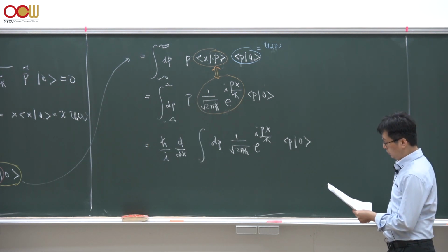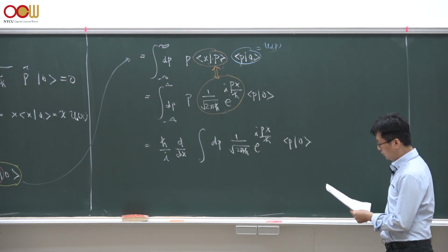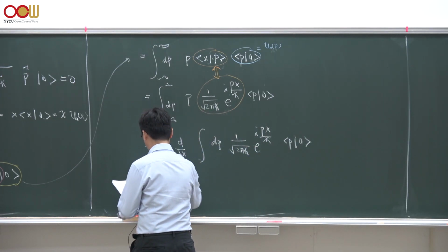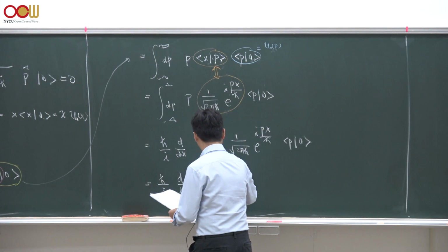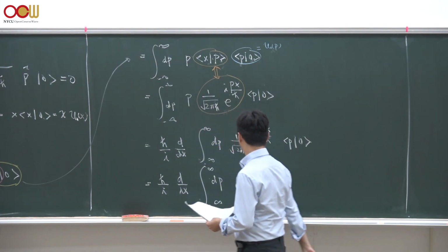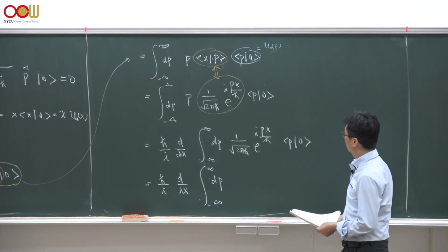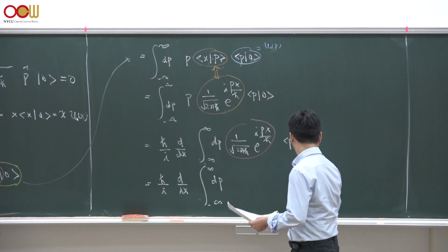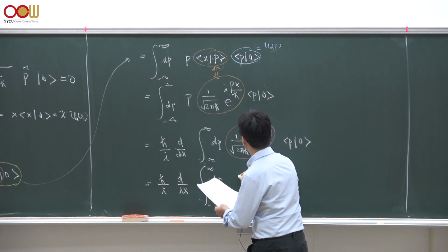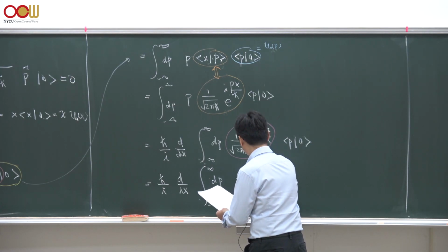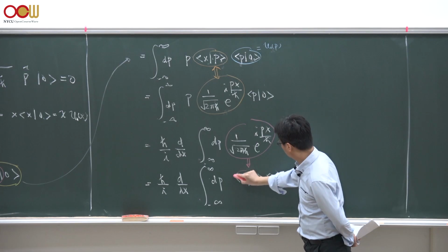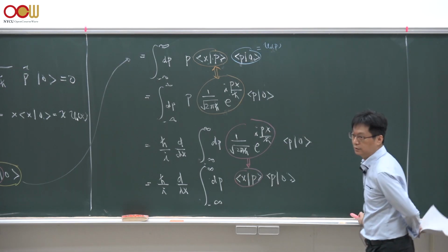So what can we do next? Well, this could be rewritten in the following form. We simply return to our previous representation of this plane wave. So this plane wave, let me put it back, is the inner product between the x bra and the p ket, right?